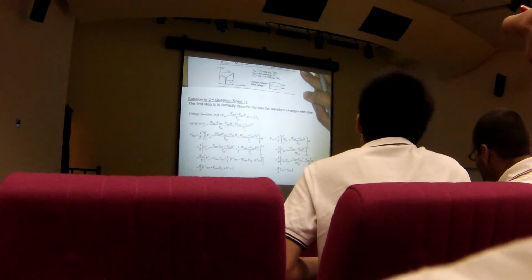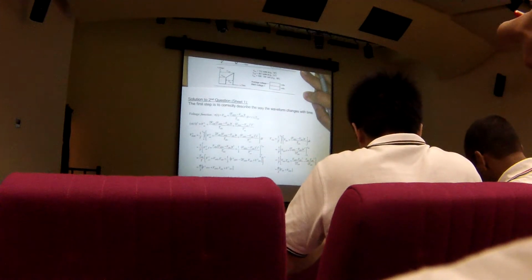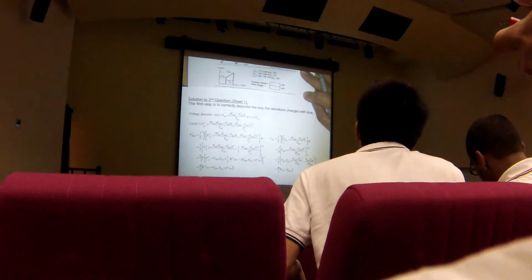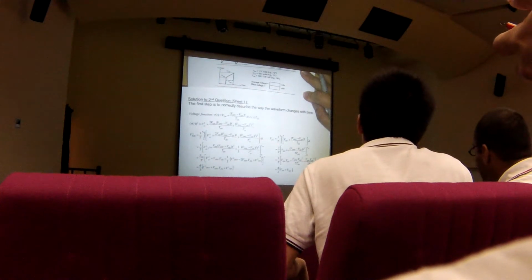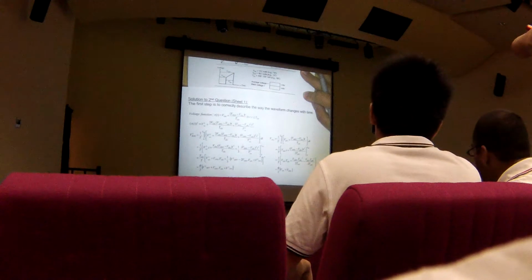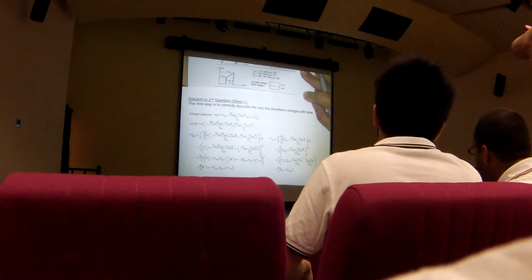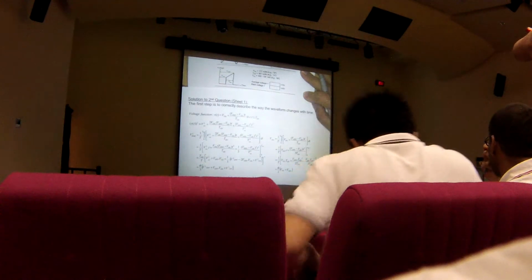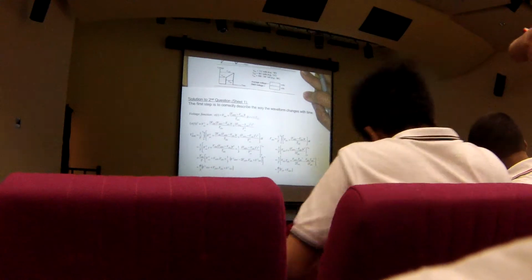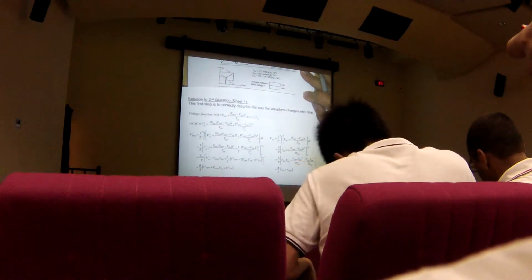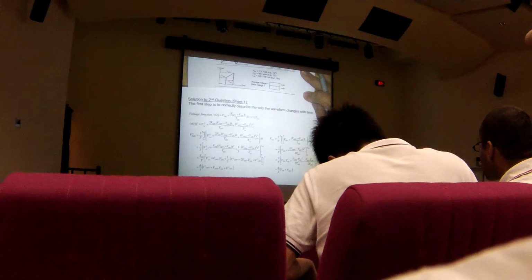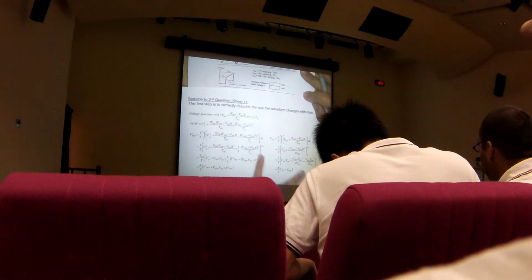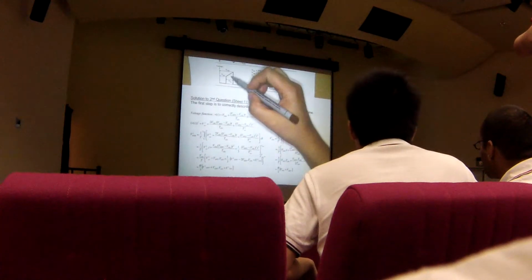Firstly, you need to be able to correctly describe the way the waveform changes with time. Meaning you need to come up with a mathematical representation for your voltage V. What you get in terms of voltage function is V(t) equals V on plus, what is this slope here?